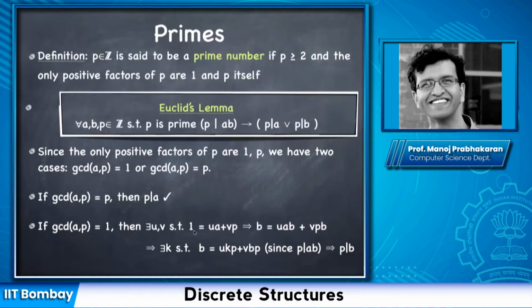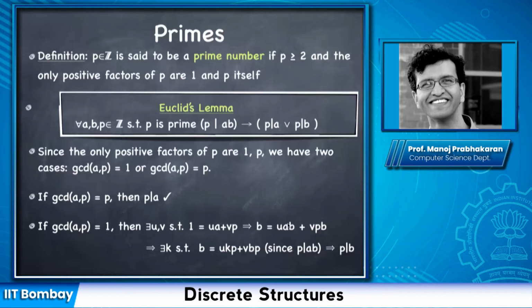And then I multiply both sides by B, I get that B can be written as U times A times B plus V times P times B. Okay, so why did I multiply by B?